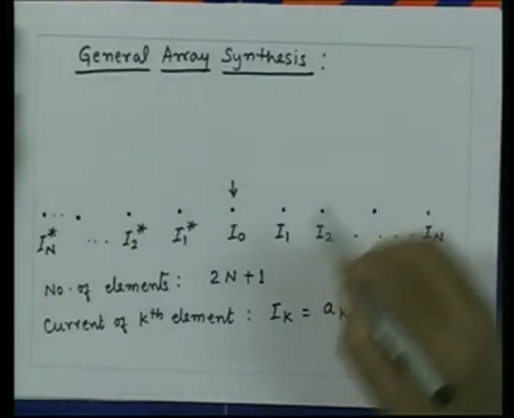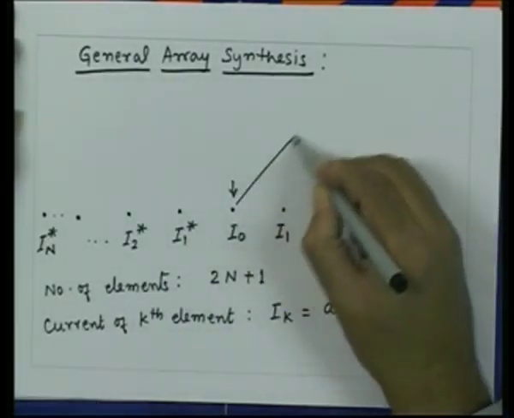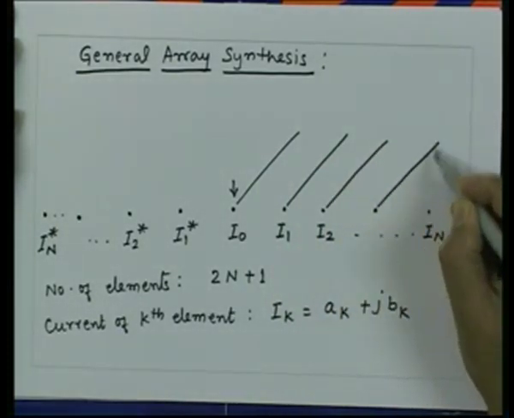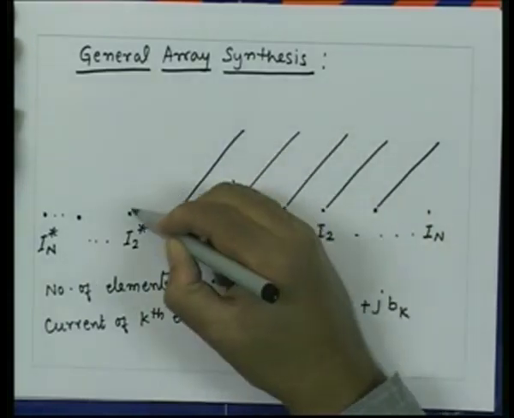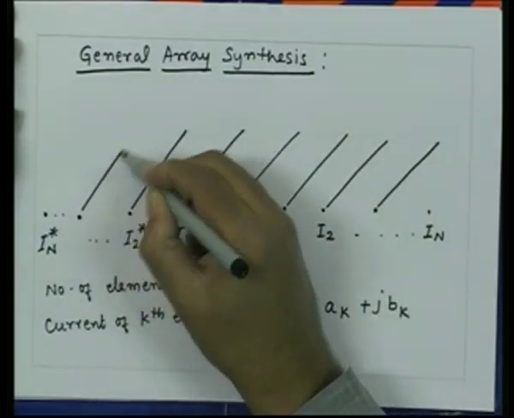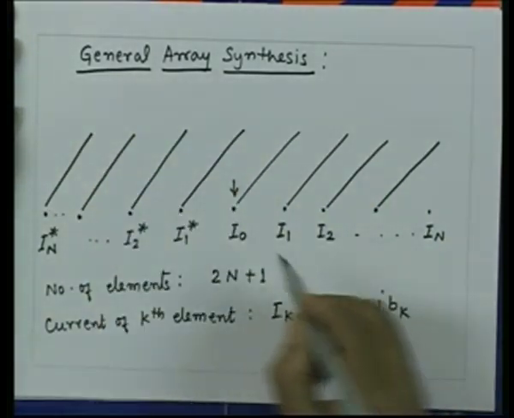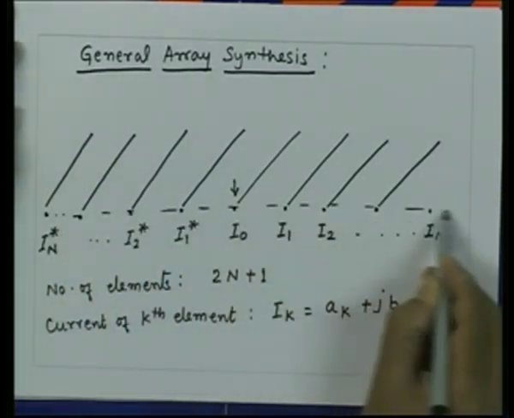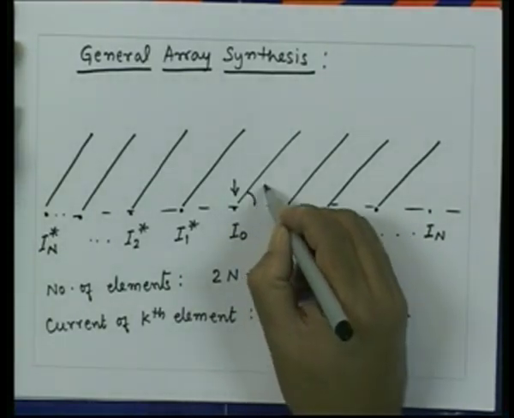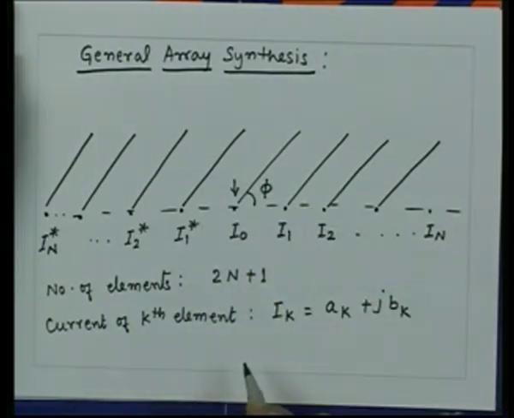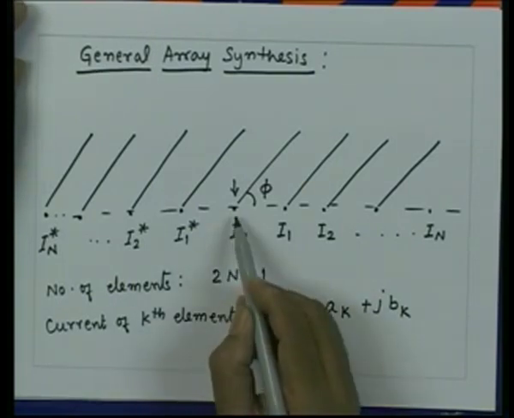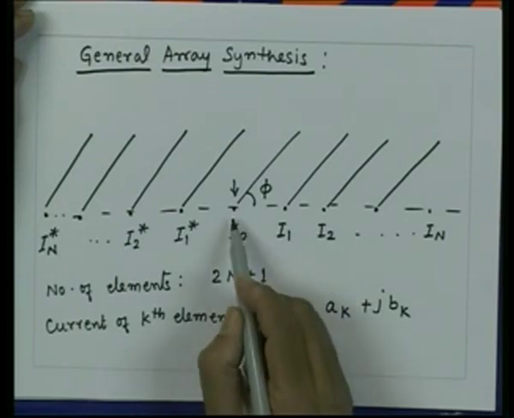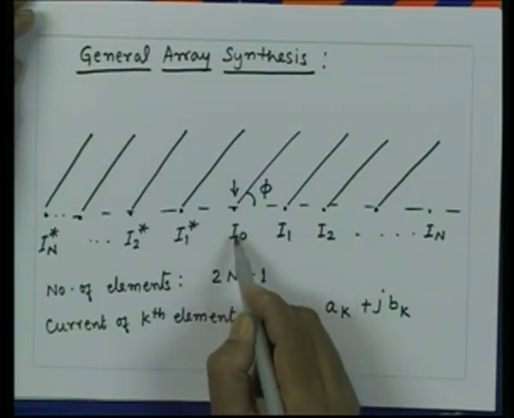We can now do the array analysis essentially on lines similar to what we have done earlier. We consider a point which is very far away from the array in a direction, let us say phi. So, this is the axis of the array. Let us say this angle is phi, and we measure the distances from this reference element, which is the center element having current I0.